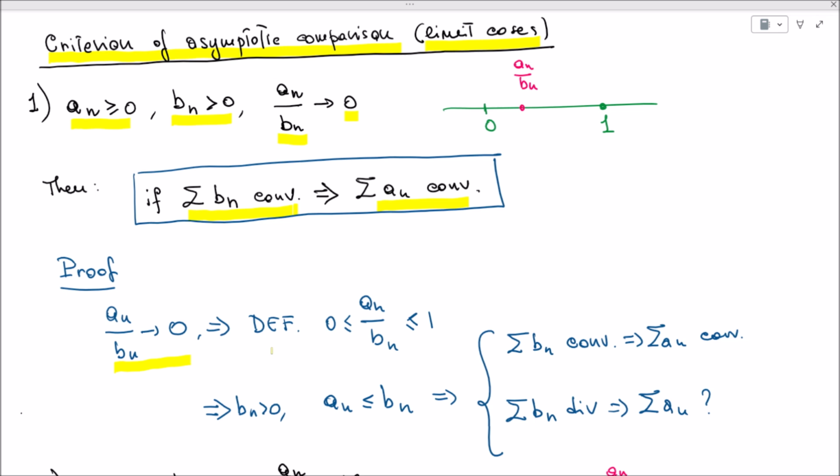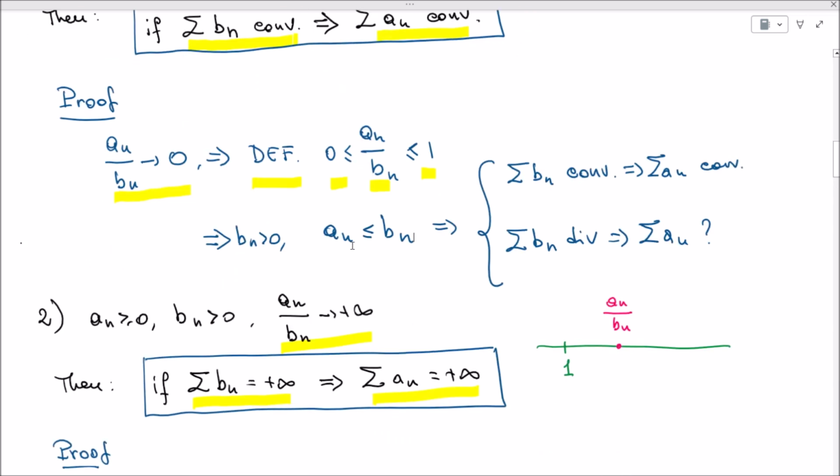So that implies that definitively this ratio, because it will get closer and closer to 0, at some point will fall within the interval between 0 and 1. This is to say that definitively An over Bn will be larger than or equal to 0 and less than or equal to 1. And now, because Bn is strictly larger than 0, we can multiply by Bn, and we get that An is less than or equal to Bn.